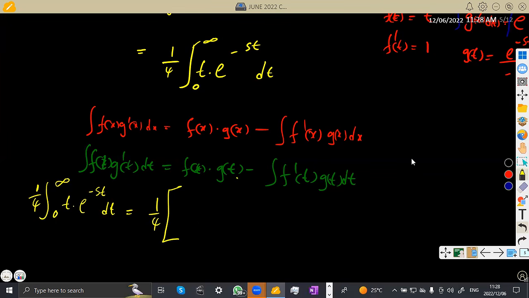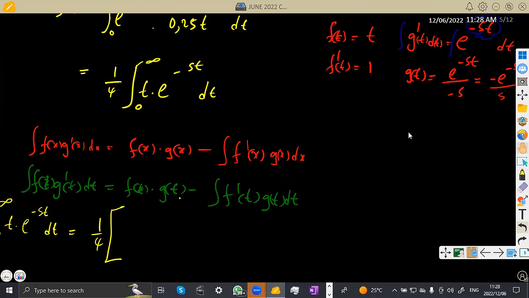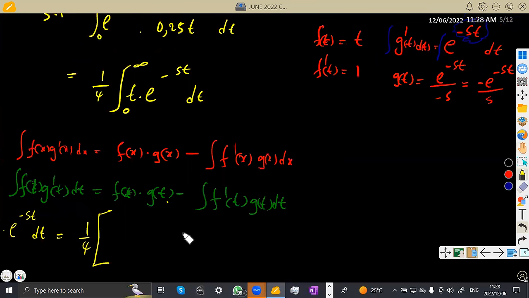We said f of t by gt, where we have our f of t, which is t. Let's write stage by stage: our f of t, which is t, by gt, which is negative e to the exponent of minus st over s, minus the integral of f prime t, which is 1.